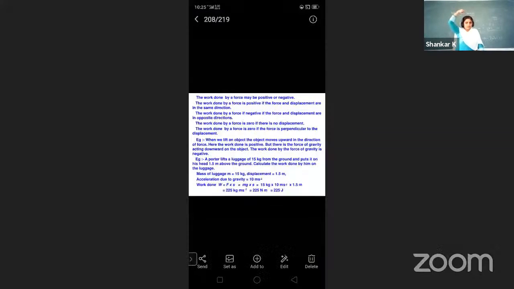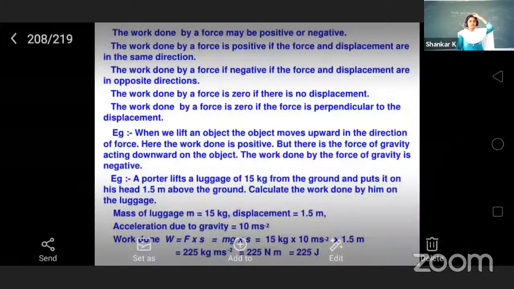Here, 15 kg is given, means mass is given, and 1.5 meter we consider as displacement, the displacement between the head and the ground.